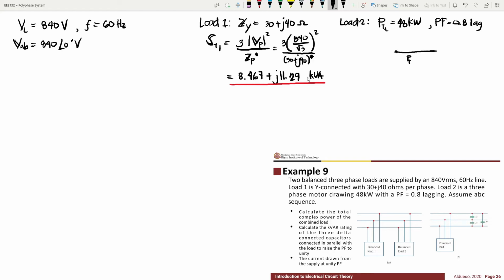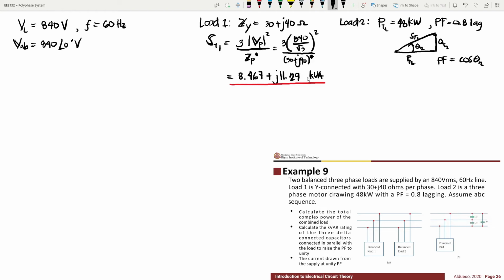This is P_T2, since this is lagging, Q is positive, and this is for S. So here is the angle. Remember, PF is just equivalent to cosine of theta 2.